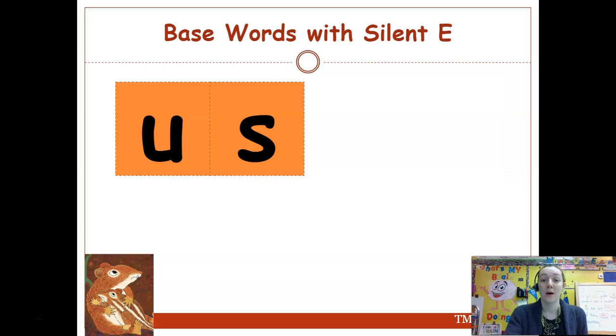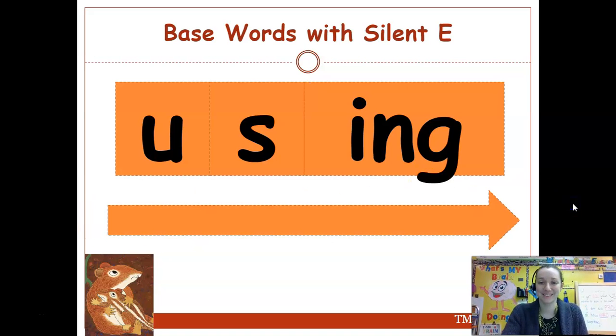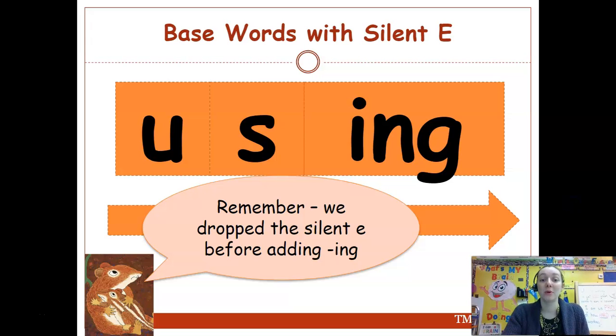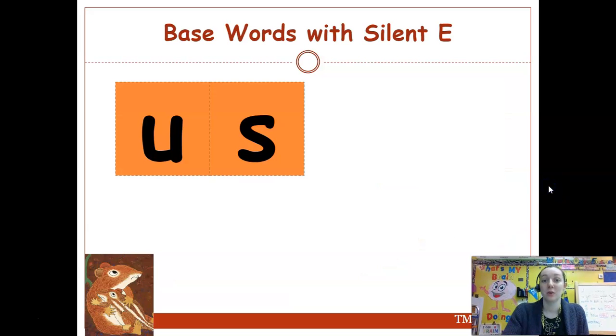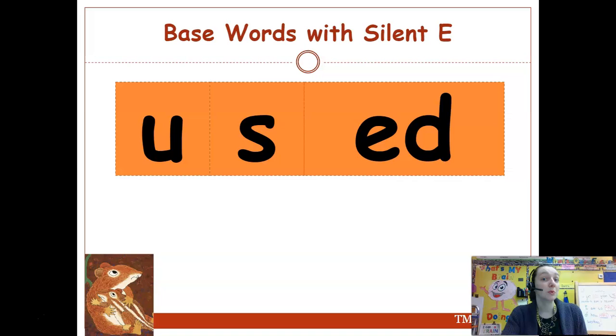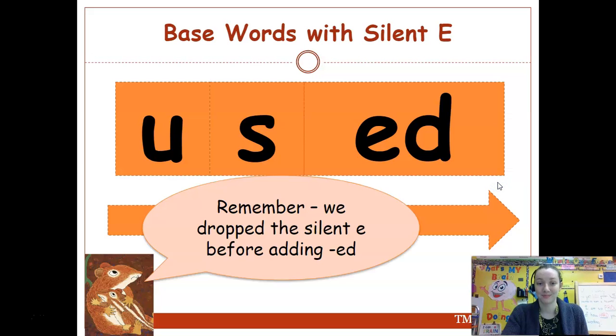Without that ending, you would have had an E there for use. Drop it, add ing for using. So remember, we dropped the silent E before adding ing like we talked about. Then we had using and now we're going to have used. Remember we dropped that E to add ed. Same thing, we dropped that silent E.